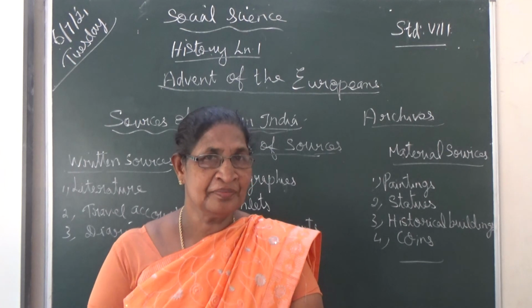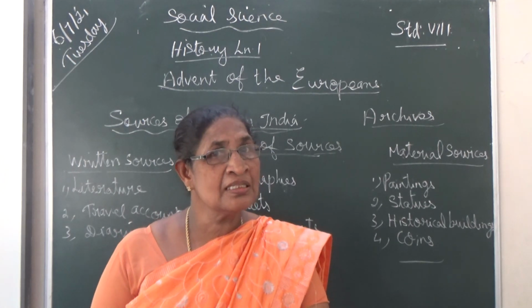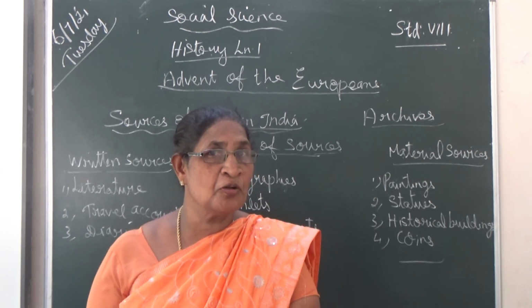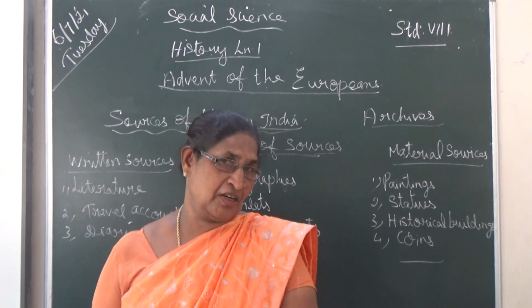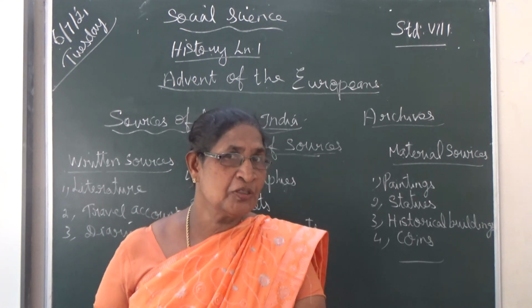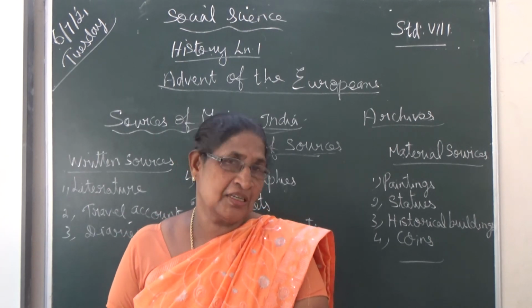Are you following? Okay. It has 1642 volumes of French records and Dutch records. How much? 1642 volumes of Dutch records.